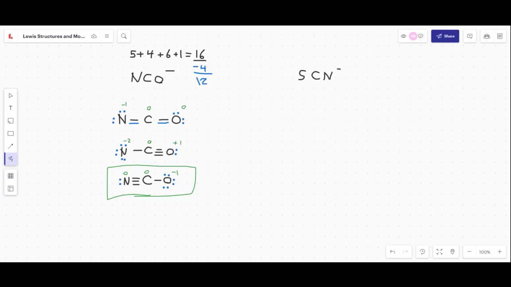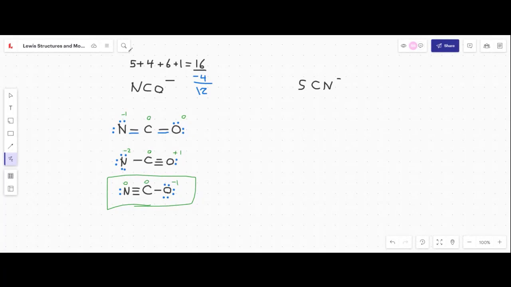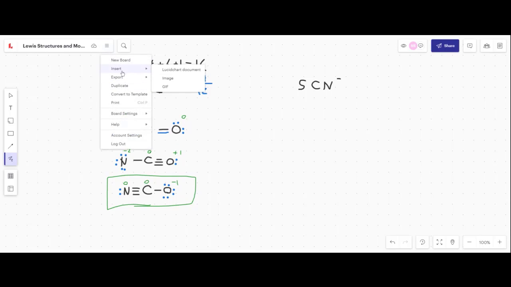It turns out that when you draw these Lewis structures, they can help you figure out the shape of the molecule based on the VSEPR theory, which is the valence shell electron pair repulsion theory.